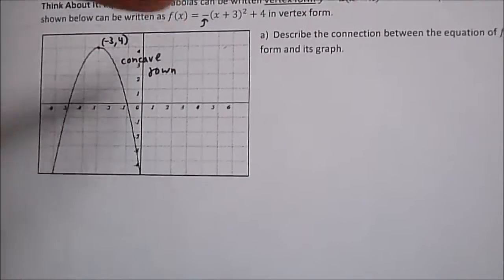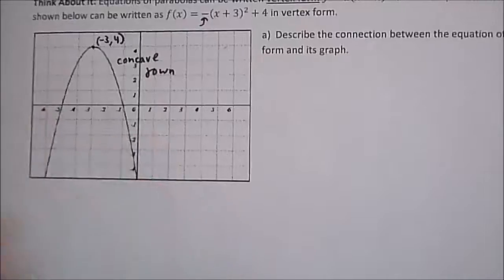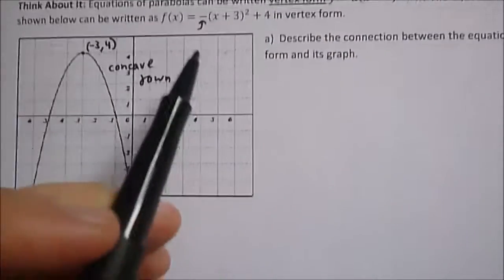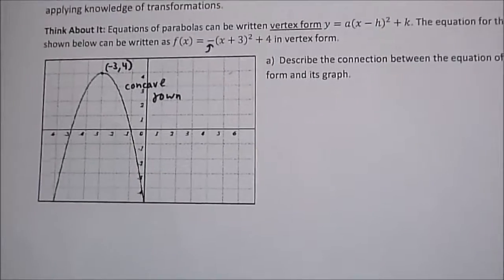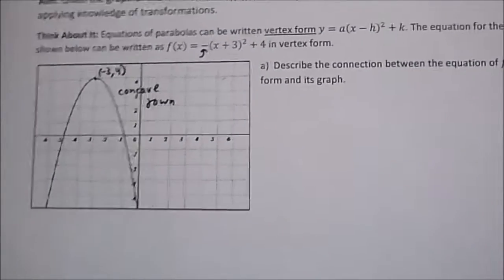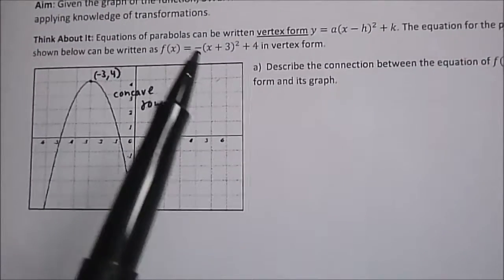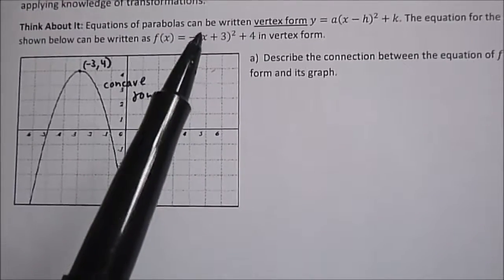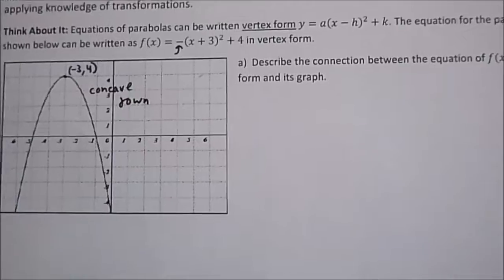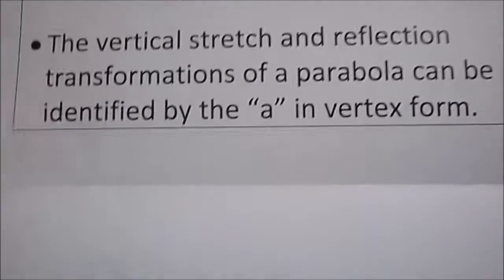And in order to make it concave downward, we flip it over the x-axis. So this negative sign here, this negative a term, actually tells me that there has been a reflection. If there had been a number here as well, we would know that it was a reflection and a vertical stretch.